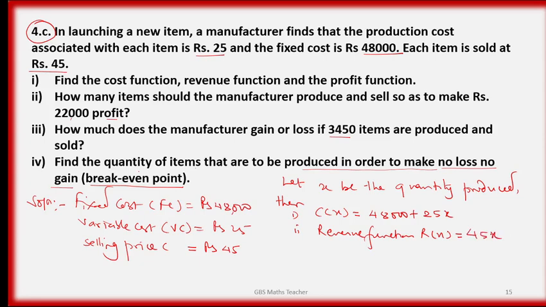And the profit function, pi equals R(x) minus C(x), 45x minus 48,000 minus 25x. That's why it is 20x minus 48,000. You have to remember this.